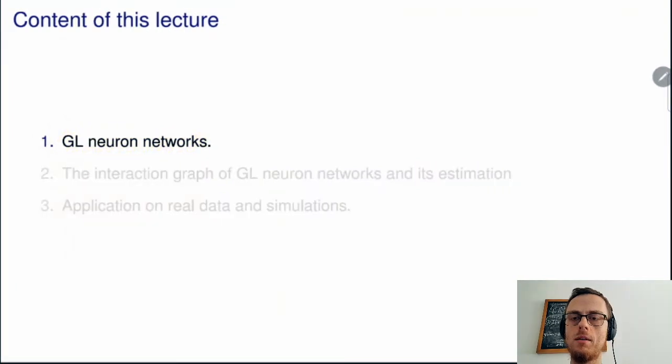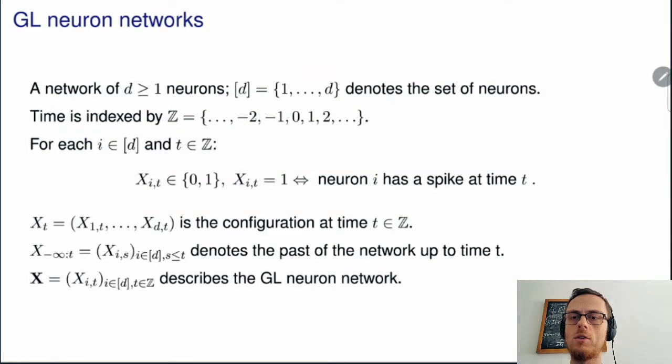So let's begin discussing the GL neural networks. In a GL neural network, we have D neurons. Here D is a positive integer larger than 1. For this fixed D, we will denote by D between brackets the set 1 to D, and this set denotes the set of neurons in the network.